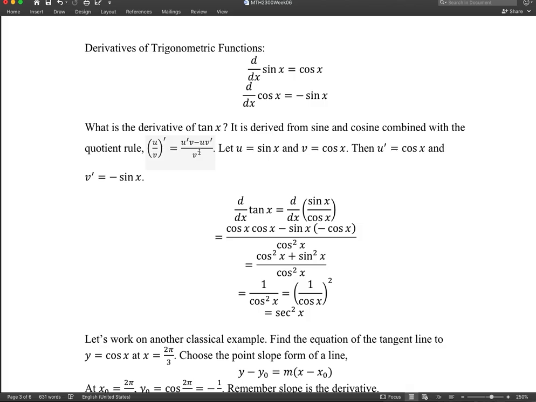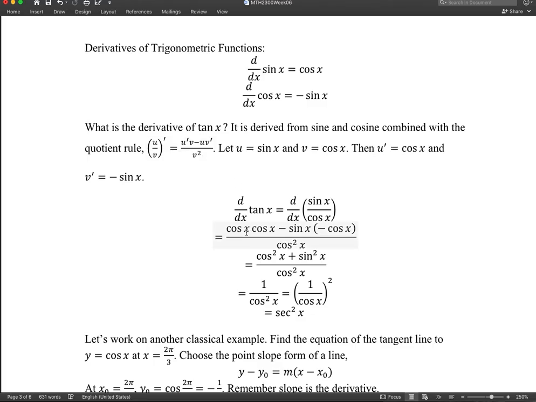And I hope from this point on, you are going to know the product rule and the quotient rule very well. So this is the quotient rule. I'm taking U as the numerator, V as the denominator, and then I calculate U prime and V prime. And then I made the arrangement according to the formula for the quotient rule.